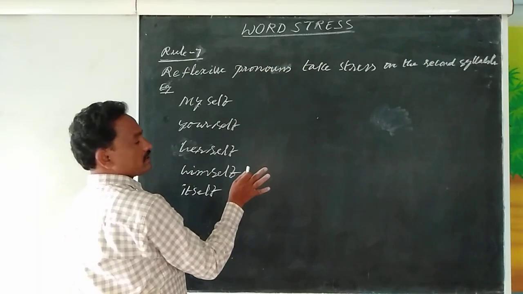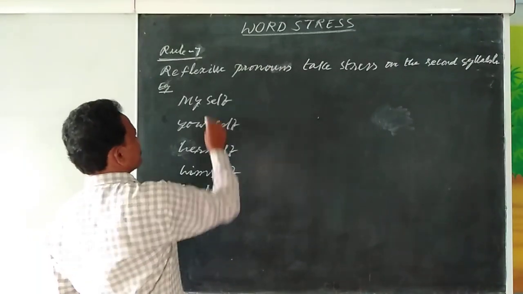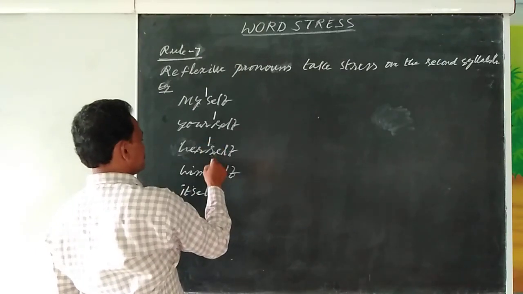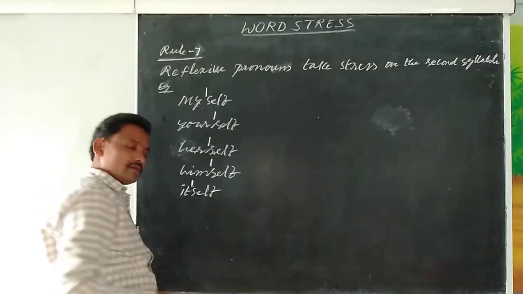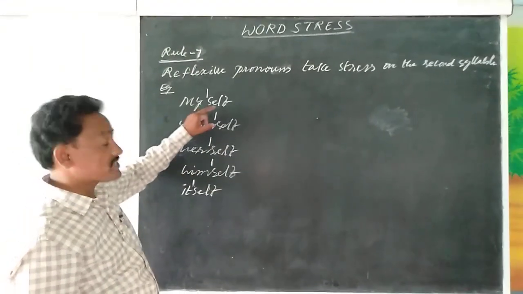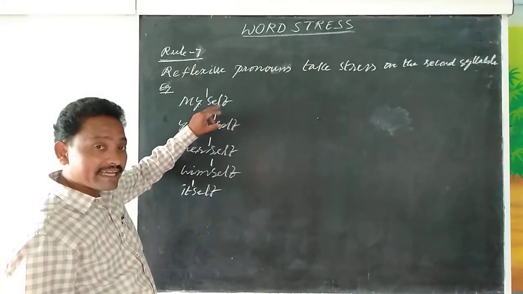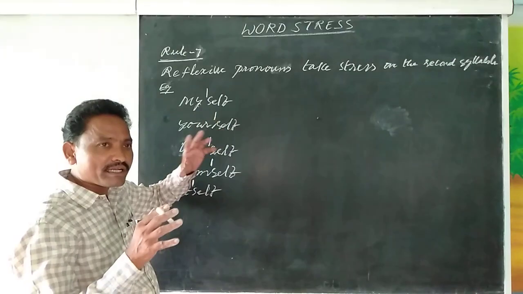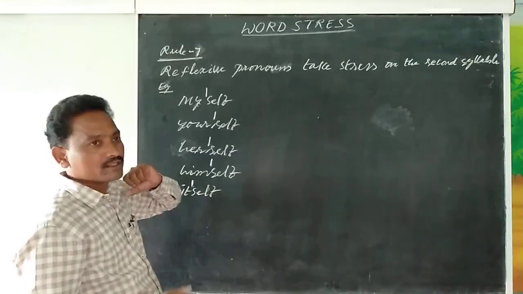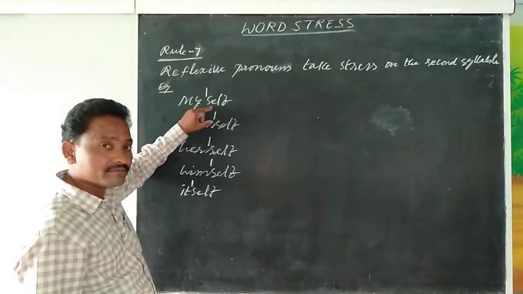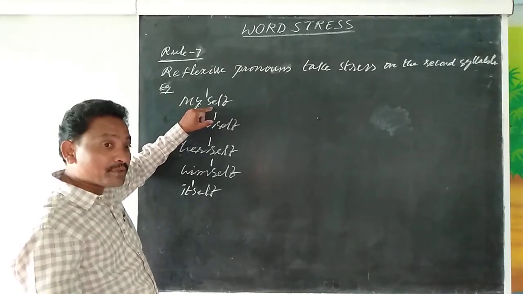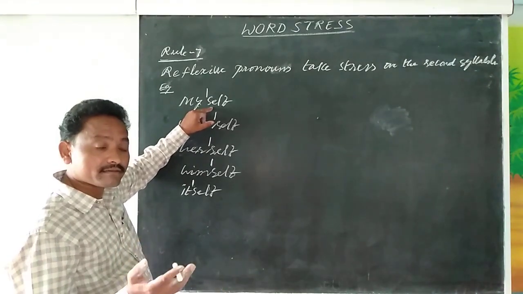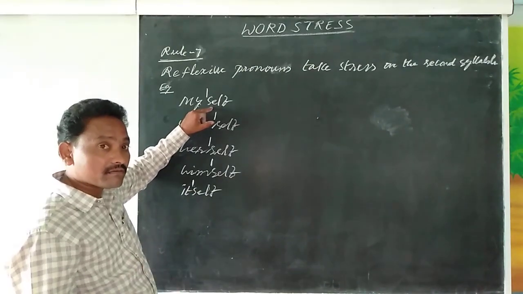What is the second syllable? Self. Now let us pronounce them. Myself. See where the extra force in the second syllable is more prominent than the first syllable. I prepared this curry myself.